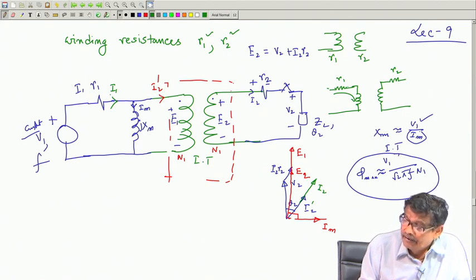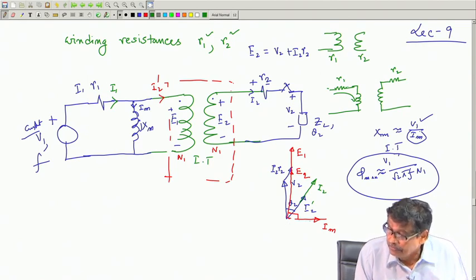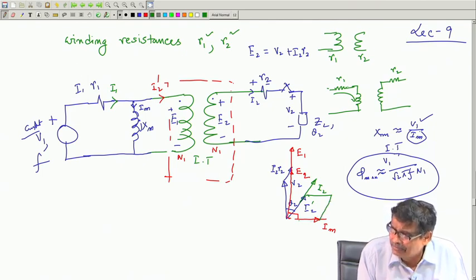Im is known, I2 dashed is known, so I will add these two. Mind you, I have shown Im slightly higher in length, it is not so, Im is small, anyway whatever I have drawn.